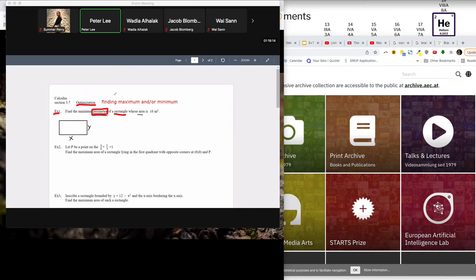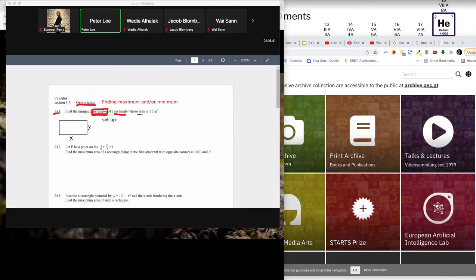Now, here's the setup. The important part is the setup. This is the critical part. First, we start with the objective function. What is the function we need to minimize or maximize? Is that the area or the perimeter?